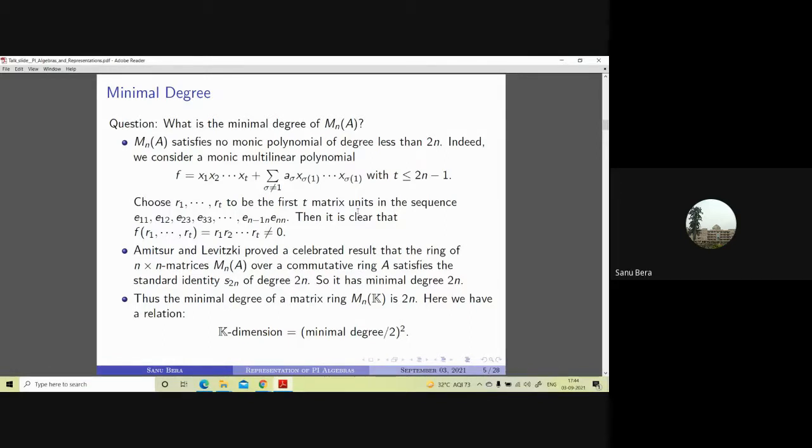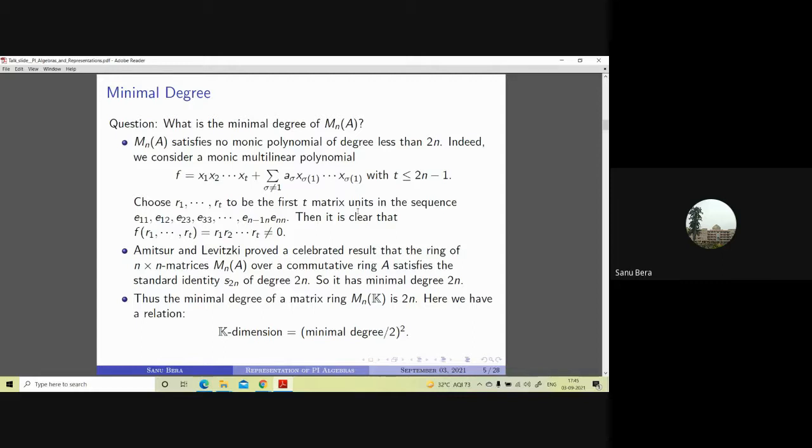consider a sequence e11, e12, and in this way, the sequence takes two elements in each row, except the last one. So in this sequence there are 2n minus 1 elements. In this sequence we can choose t elements sequentially, the first t elements, then substitute them in f for r1, r2, ..., rt.